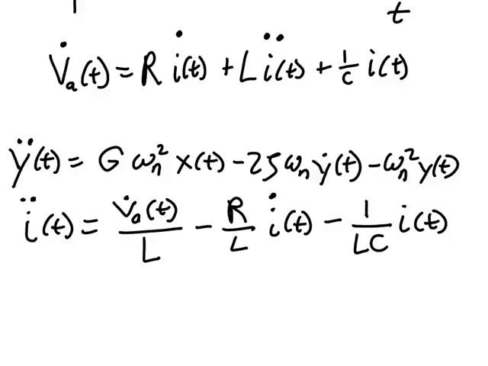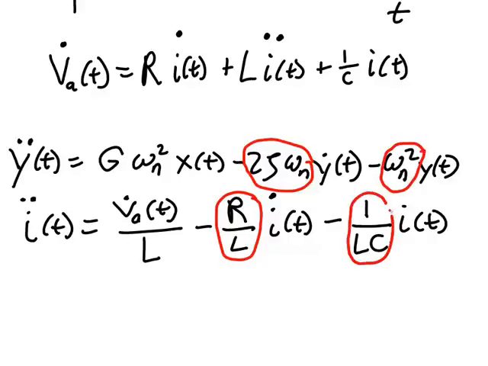Now, I'm going to make an analogy between these two equations. This tells me that 2 zeta omega n is going to be equal to R over L, and omega n squared is going to be equal to 1 over LC. I'm going to write that out here.